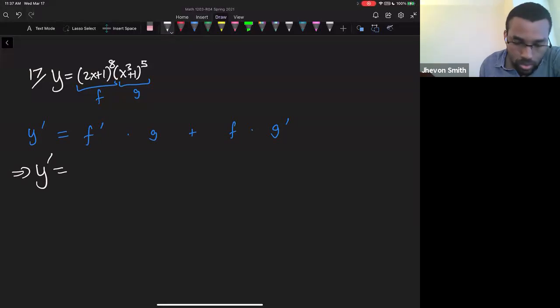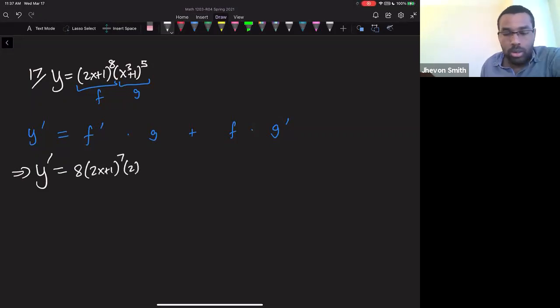16 parentheses 2x plus 1 to the 7 times x. Give me an intermediate step there. Where did the 16 come from? The 16 came from putting the 8 in front and then taking the derivative of 2x, which is 2.